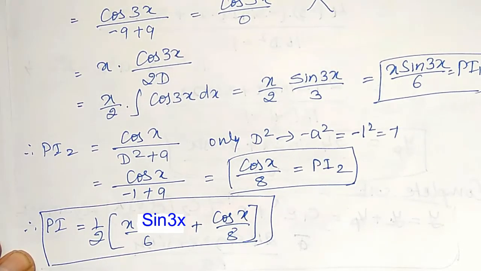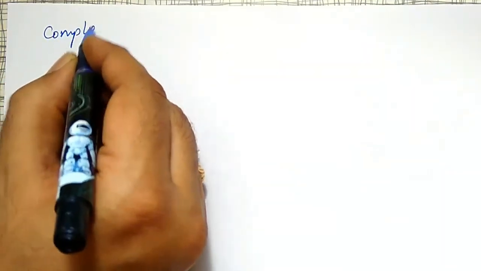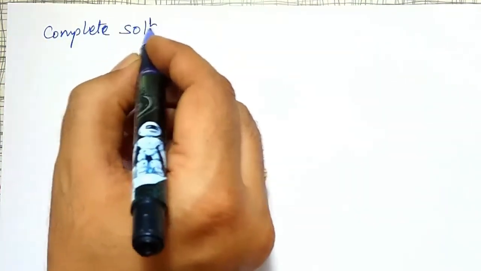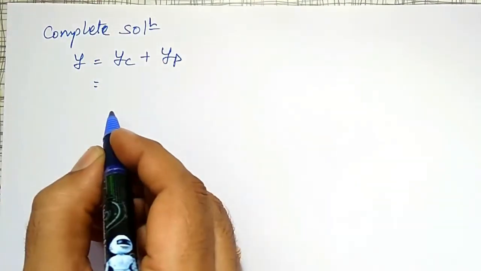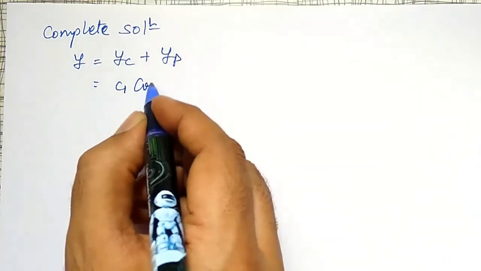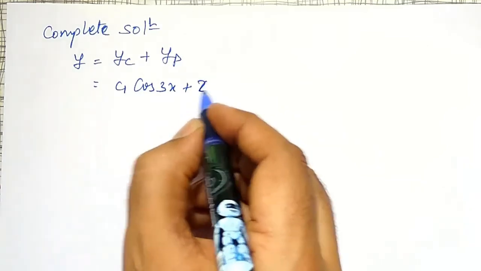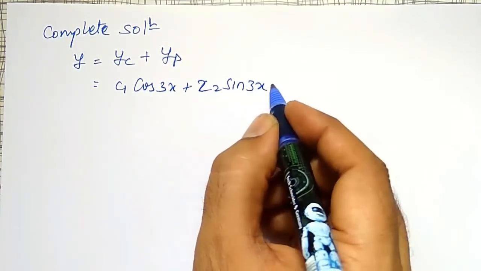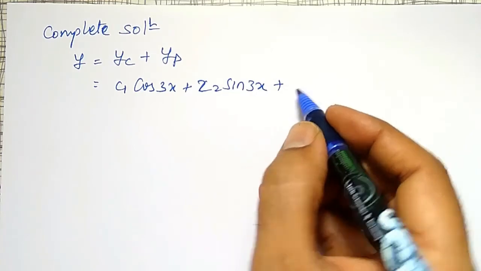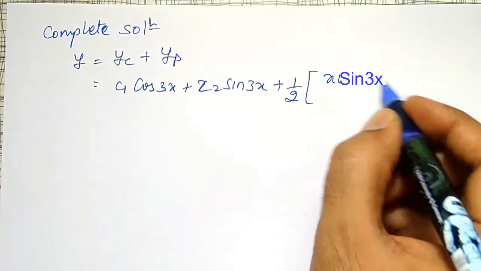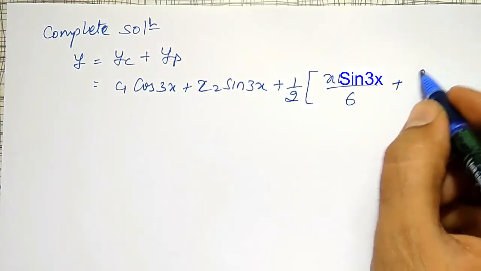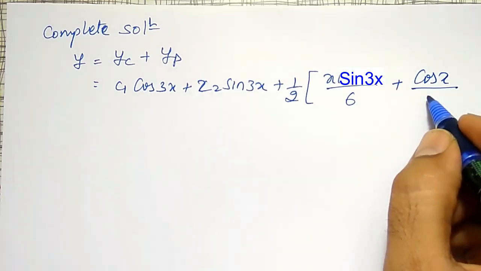The general solution is given by CF plus PI. Therefore the complete solution y equal to yc plus yp. My yc is c1 cos 3x plus c2 sin 3x plus yp, the particular integral, 1 by 2 times x sin 3x divided by 6 plus cos x divided by 8.